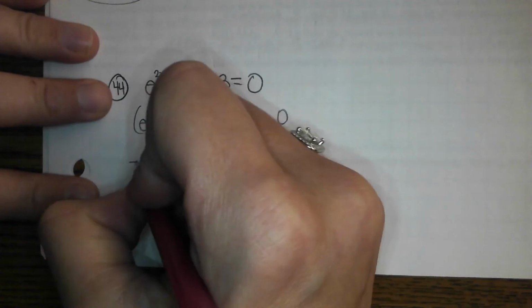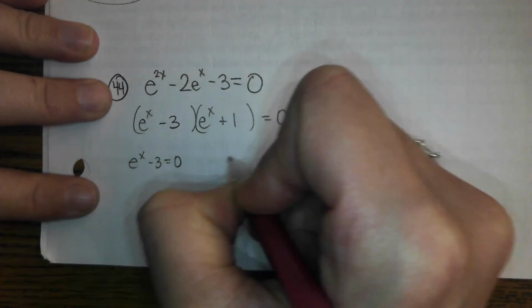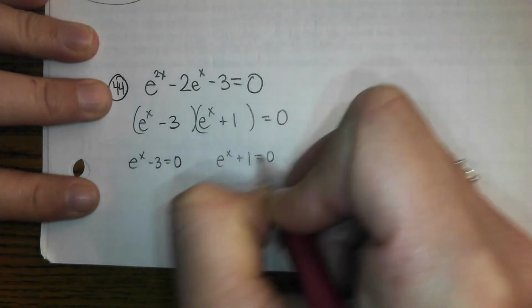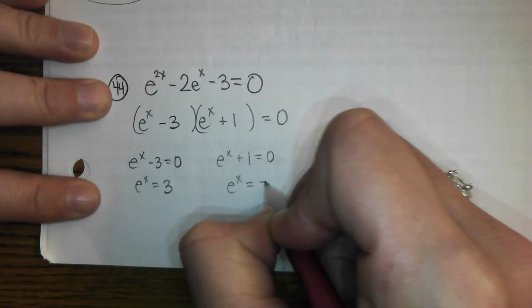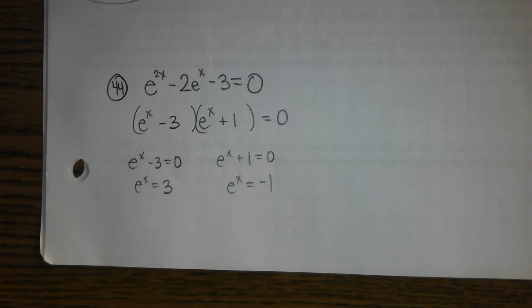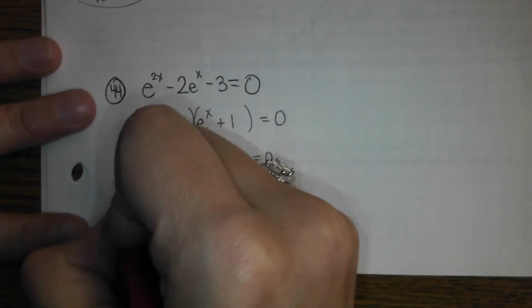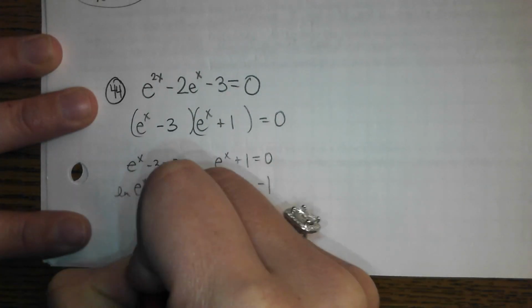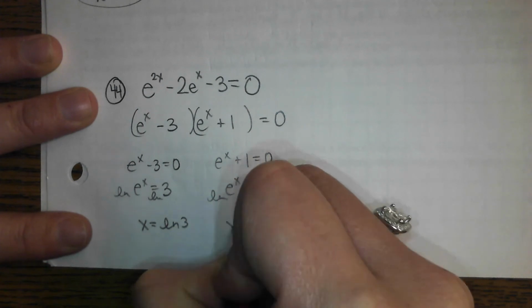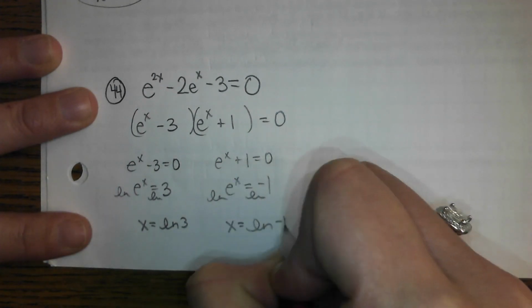And then I'm going to tee it up. What'd you say? Yes. And you get e to the x equals 3 or e to the x equals negative 1. You take the natural log of both sides. And you're going to get x equals the natural log of 3 or x equals the natural log of negative 1.